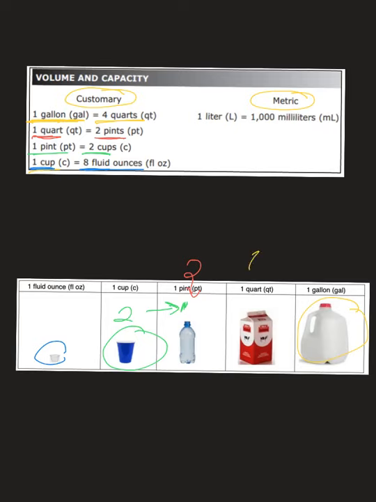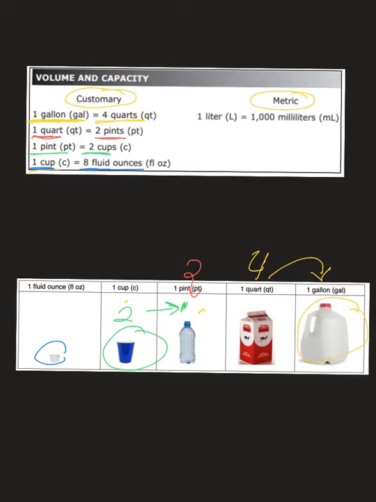You see how 8 of these will give you 1 of these, and 2 of these cups will give you the pint, and they all add up with each other. We're going to use this to solve our problem for today.